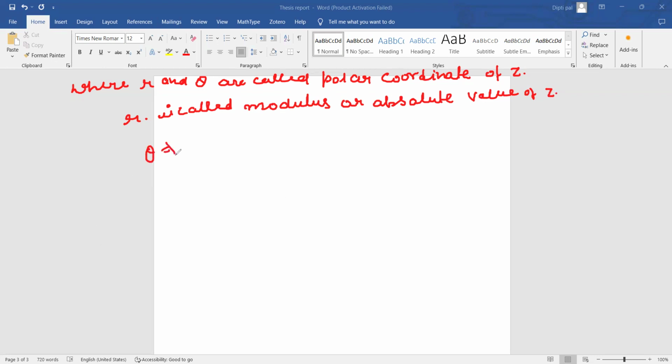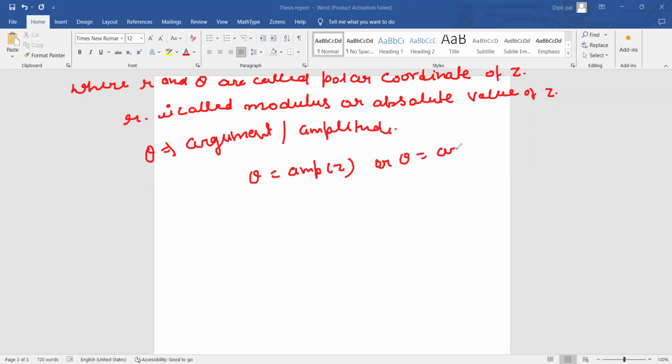So theta is called argument or amplitude. It can be written as amplitude of z, or as argument of z.